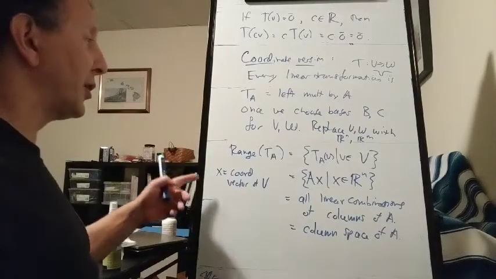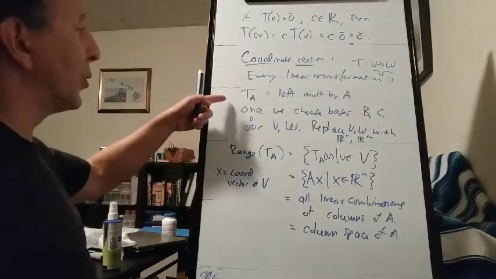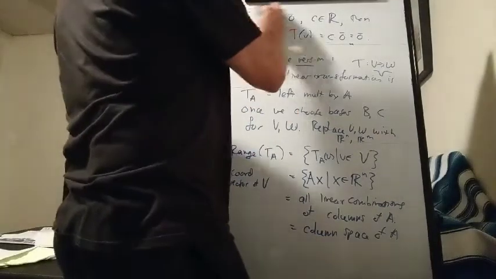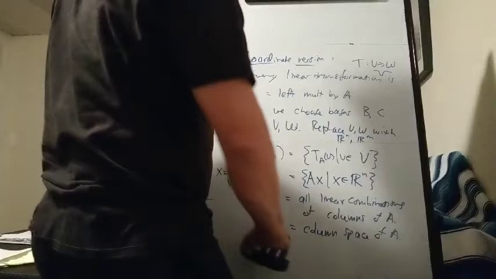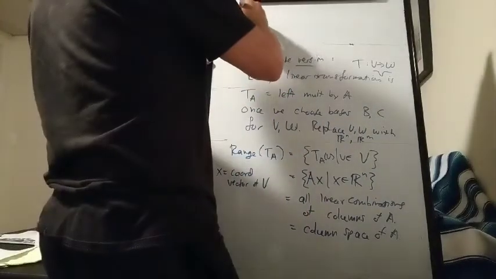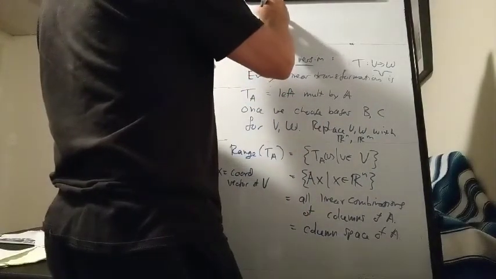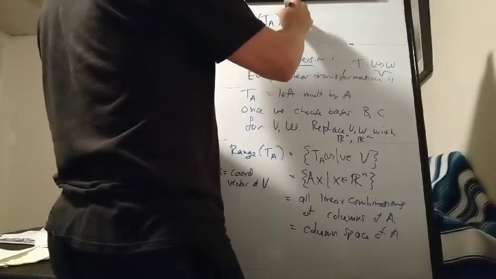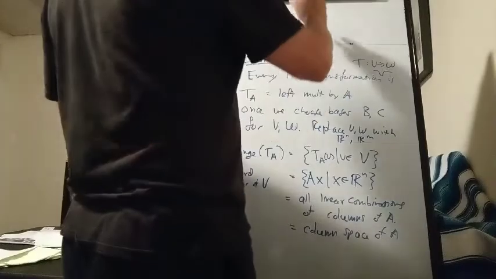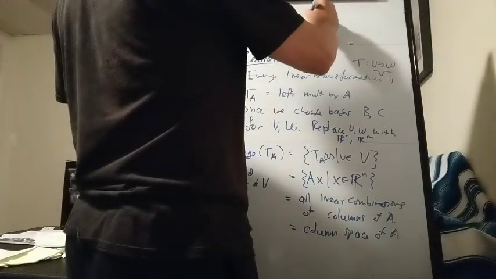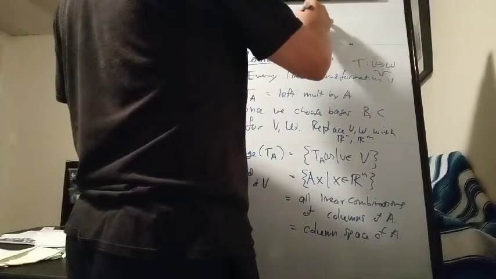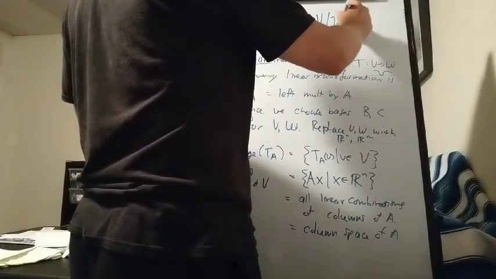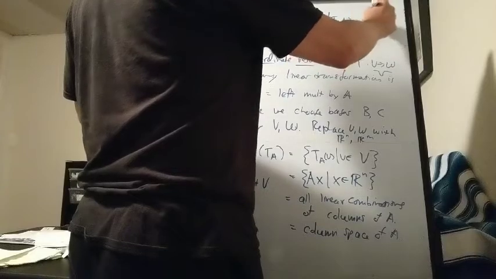Now let's look at what the kernel of the coordinate version is. So the kernel of T_A is all of the vectors such that T_A of v is 0.